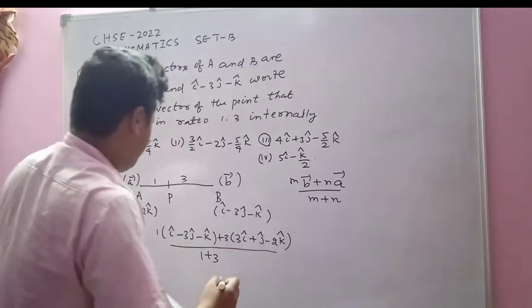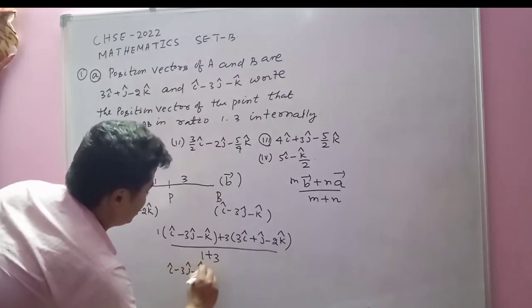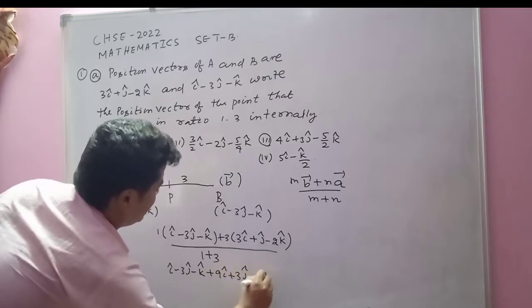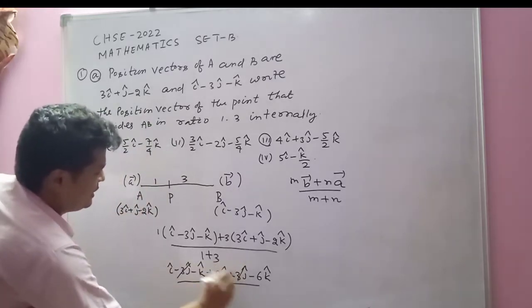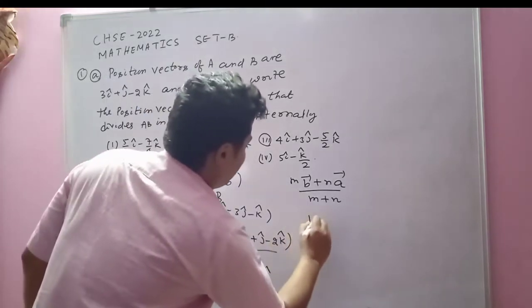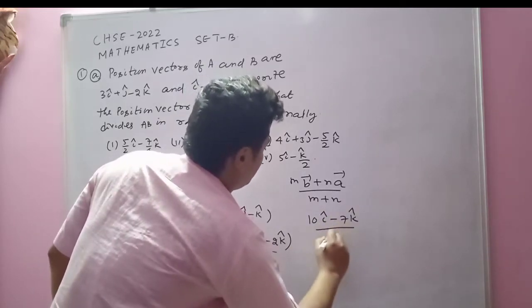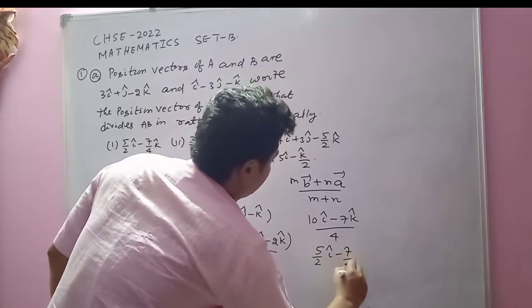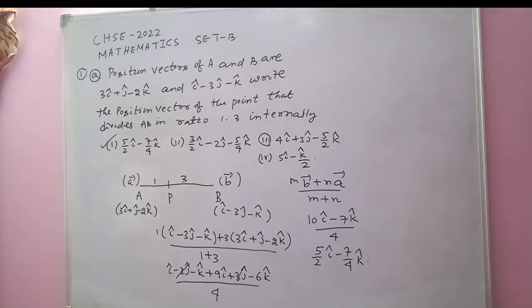So what we get? i cap minus 3j cap minus k cap plus 9i cap plus 3j cap minus 6k cap divided by 4. 3j cap cancels, so what we get is 10i cap minus 7k cap by 4. So the answer becomes 5/2 i cap minus 7/4 k cap. So the answer is option 1. It should be clear to all of you.